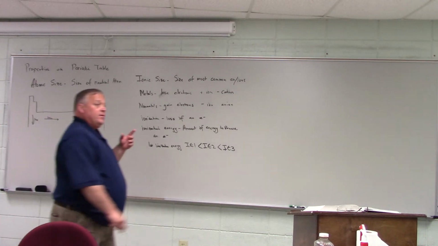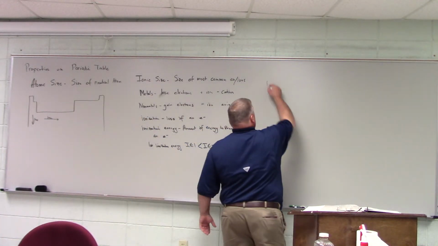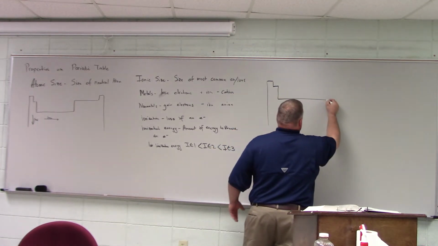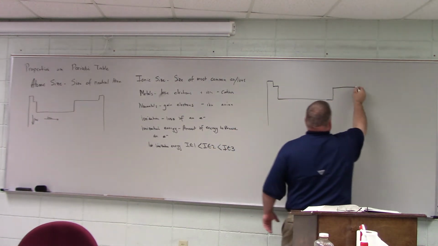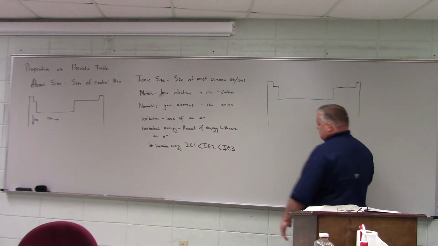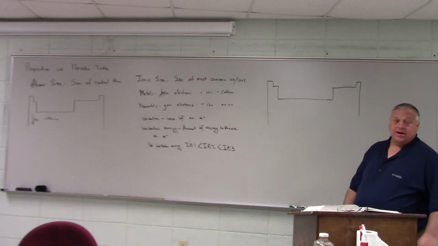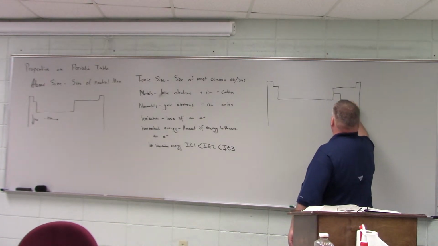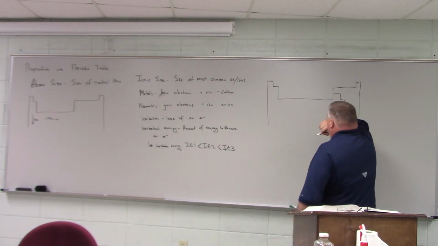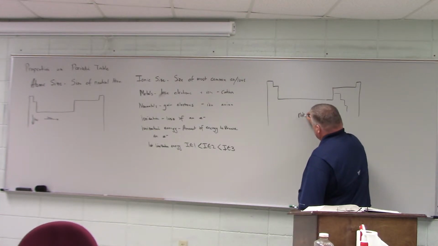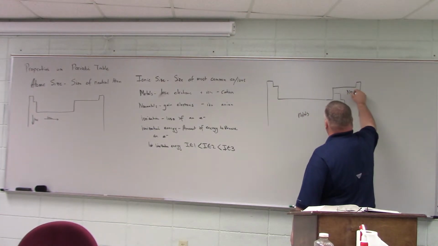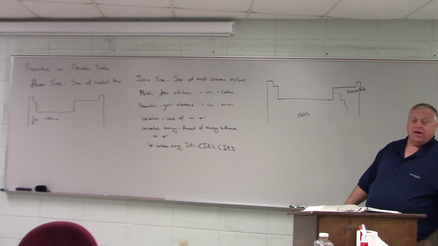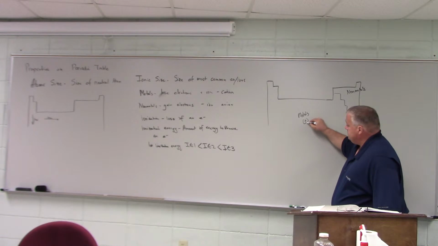Now, on the generic periodic table, okay, our generic periodic table is broken down into what we refer to as the metals and the non-metals. Metals generally want to have a positive charge.